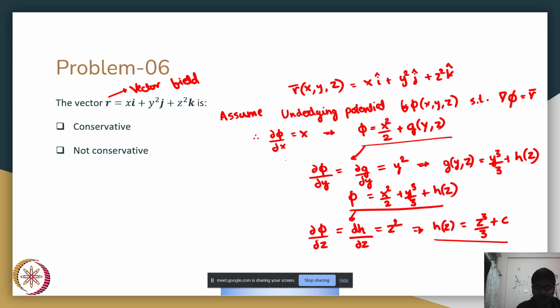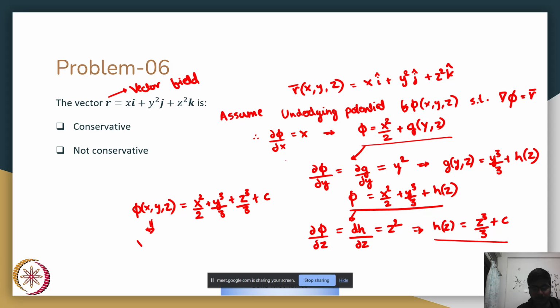Substituting this here, we essentially end up with a potential of the form x squared by 2 plus y cubed by 3 plus z cubed by 3 plus c.